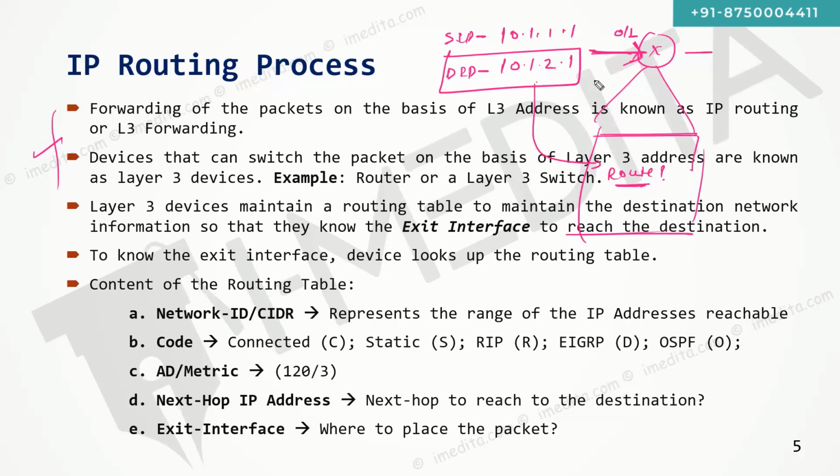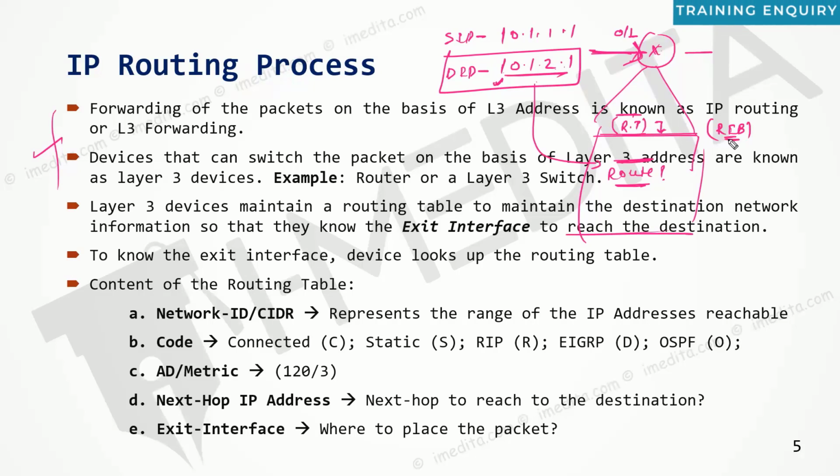These layer 3 devices, such as routers, maintain a table. That table is typically referred to as the routing table, where they keep information on how to forward a packet. So if I receive a packet that is going towards the destination 10.1.2.1, how that packet has to be forwarded is maintained in a table known as the routing table, also known as the routing information base, or RIB.